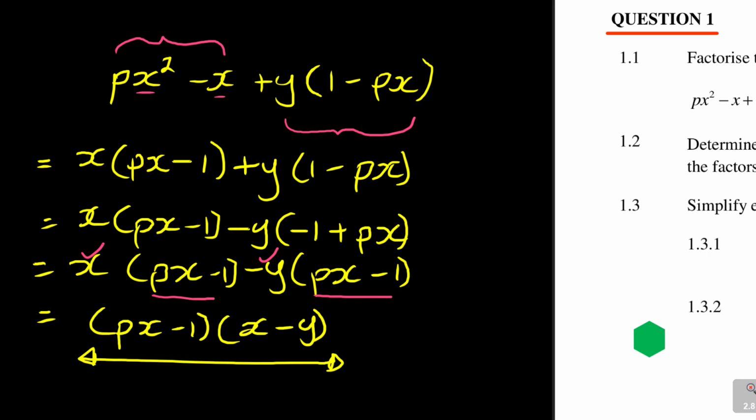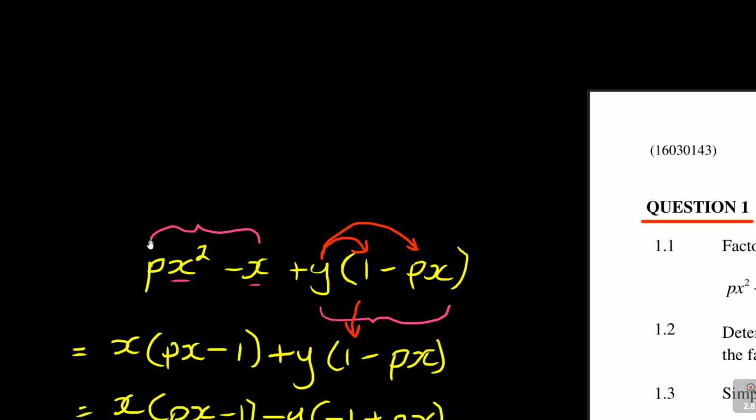If you wanted to start by opening this bracket and opening this bracket, you are going backwards, because after opening it, you will still want to come down here and close the bracket. Of course, maybe after opening it, you want to rearrange things. It's still going to be fine. For example, let's say you opened it like this, px squared minus x, and then when you open it, y times 1 is plus y, and then y times minus px is minus pxy.